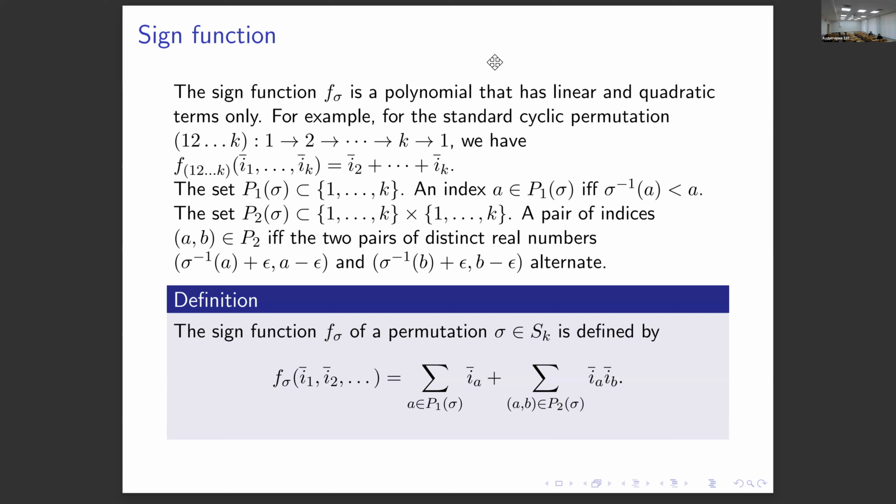Then this is the first set, and then the second set. Will you show it, please? Okay, so that P1 is 1, 2, 3.